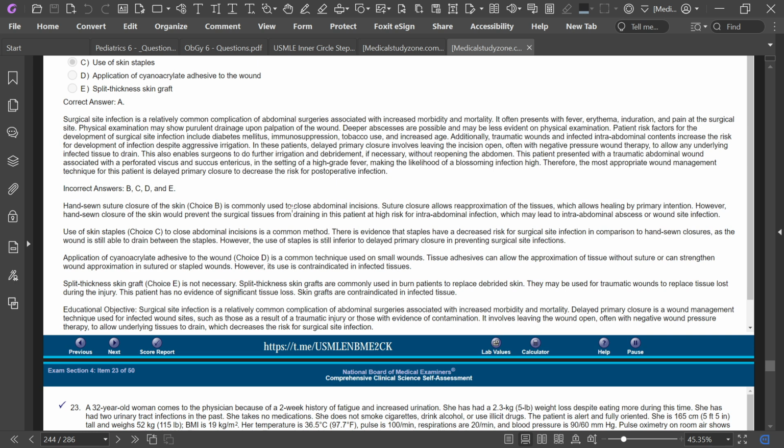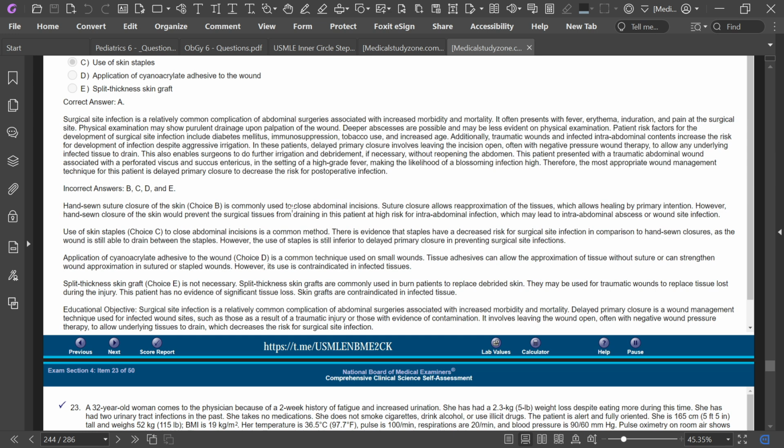Despite aggressive irrigation in this patient, delayed primary closure involves leaving the incision open, often with negative pressure wound therapy, to allow any underlying infected tissue to drain. This also enables surgeons to do further irrigation and debridement if necessary without reopening the abdomen.